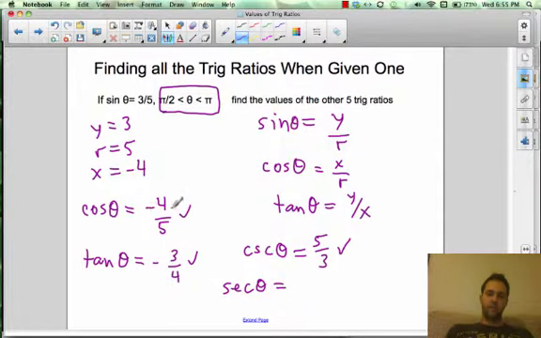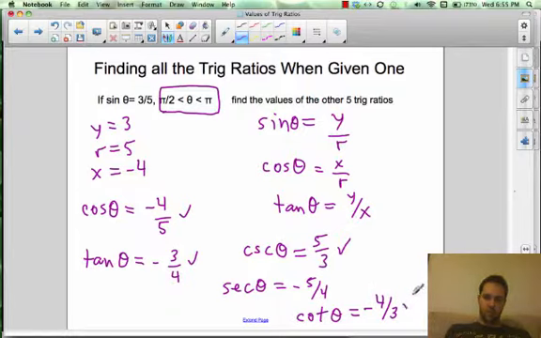It'll still be negative, but instead the 5 will be on top, and we end up with negative 5/4. And finally, our cotangent function, simply flip these two numbers, still be negative, and the 4 goes on top, and the 3 is on the bottom. And we're done.